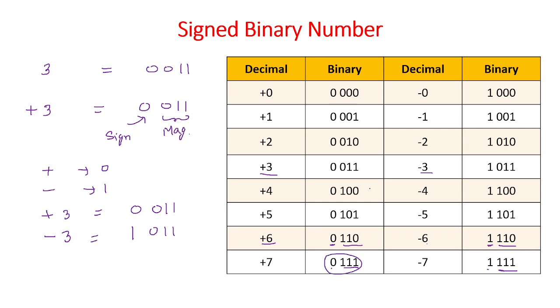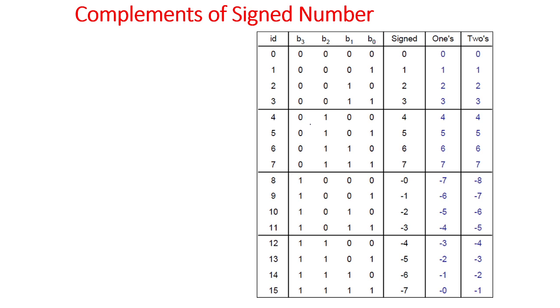Now we talk about the one's complement and two's complement of the signed number. So always remember, for a positive signed number, the signed magnitude is the same as the one's complement, which is the same as the two's complement.